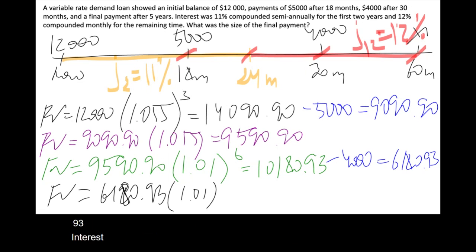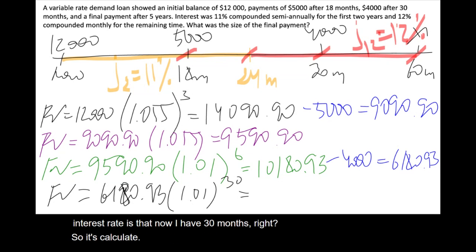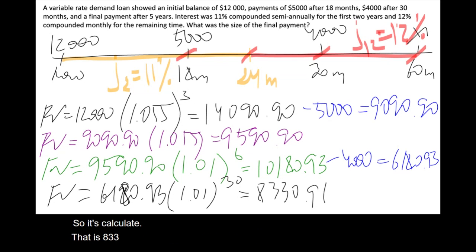Interest rate is that. Now I have 30 months, right? So let's calculate. That is 8,330.96.